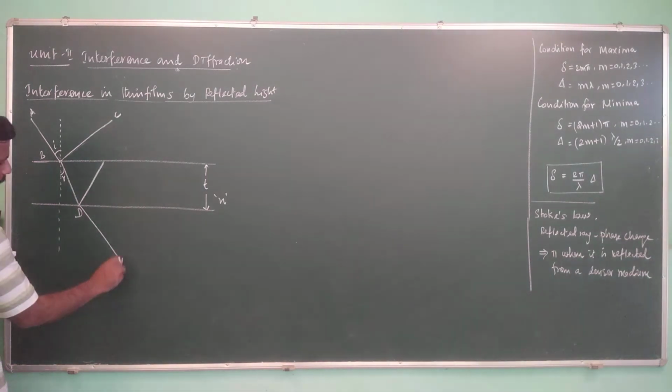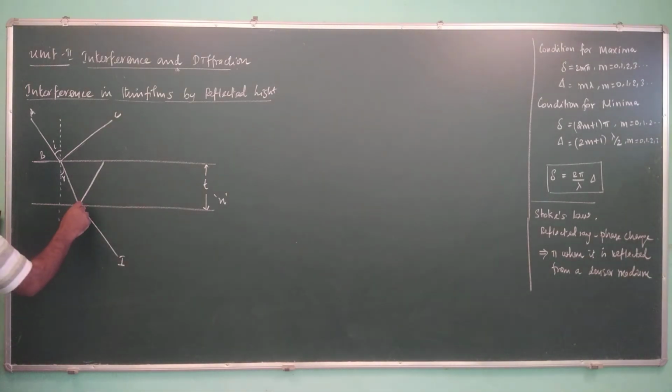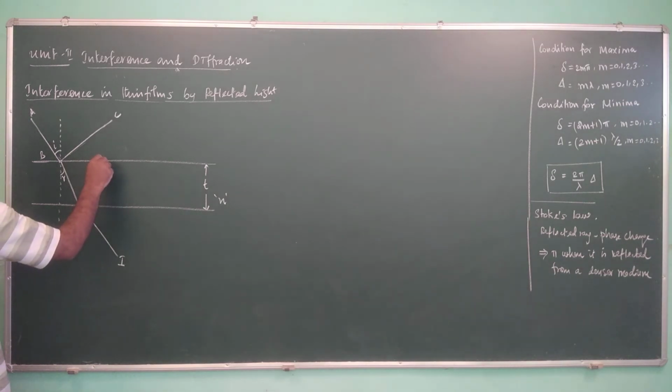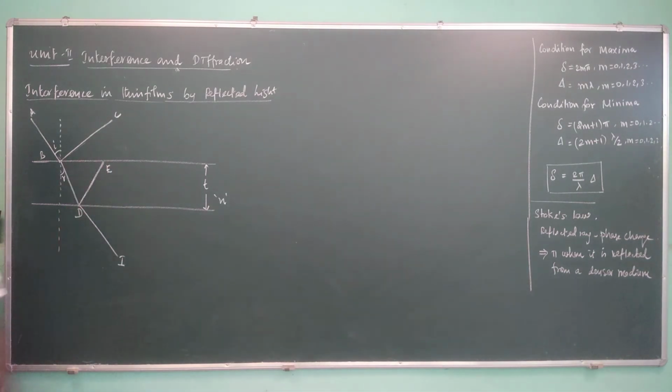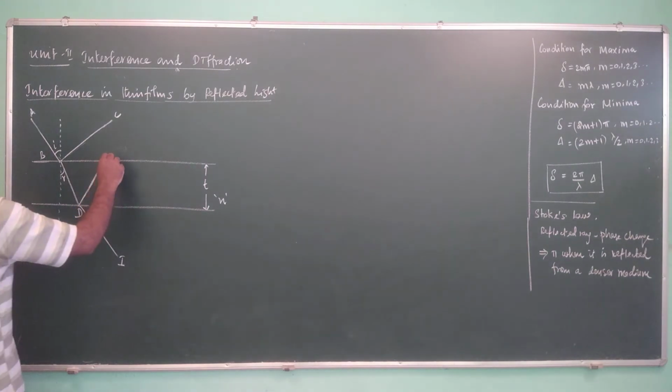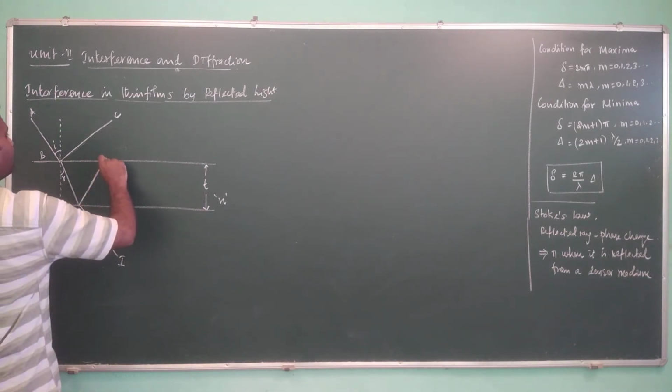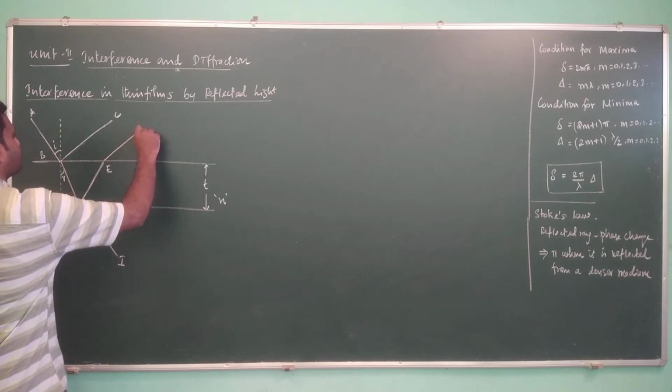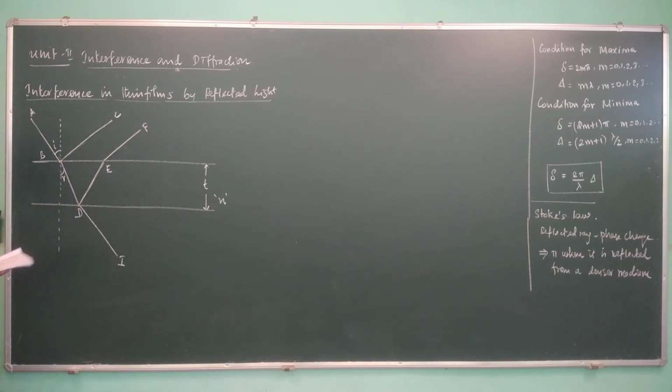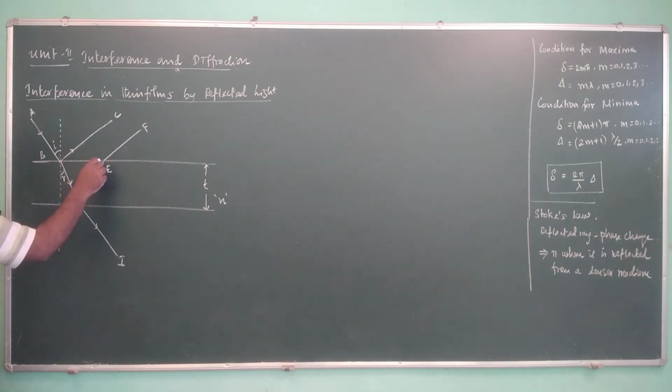The refracted ray goes in the direction I, and the reflected ray again touches the upper surface at the point E. Then it is refracted to the outside and travels in the direction of F. So this incoming light ray undergoes one reflection and one refraction at the top surface, and one reflection and one refraction at the bottom surface, and here one more reflection.